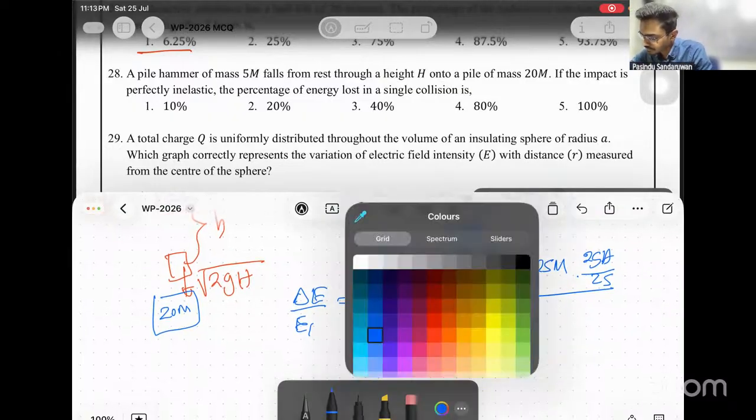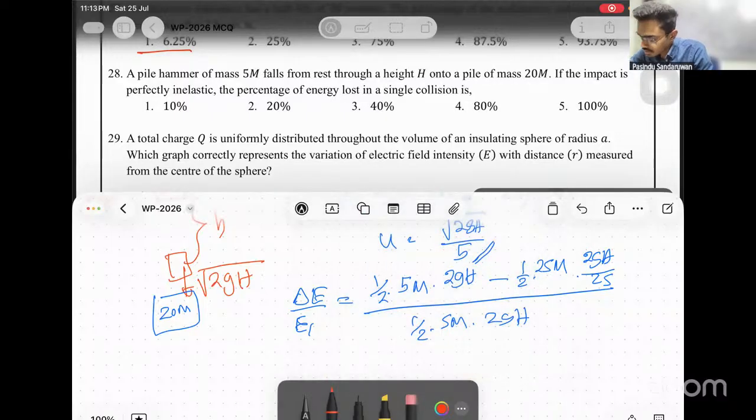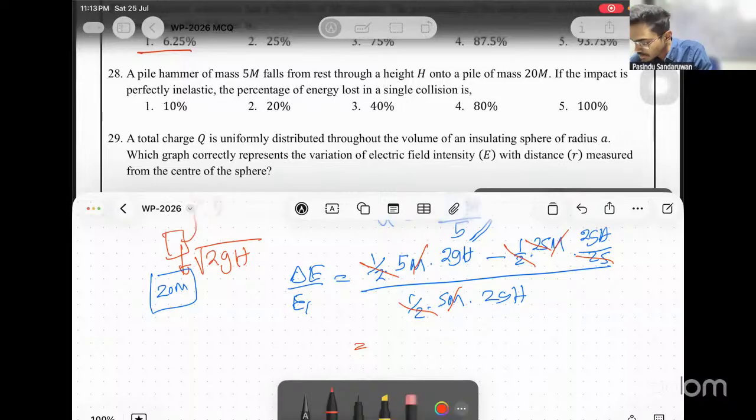Then half cancels, m cancels. Now here this 25 and 25 cancel. Then simplify the remainder. Here 5 times 2gh remains. Can you see 2gh is also common? Then cancel the 2gh.